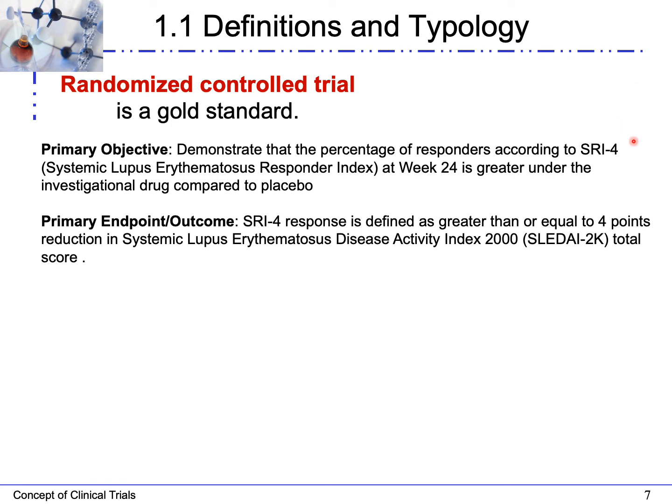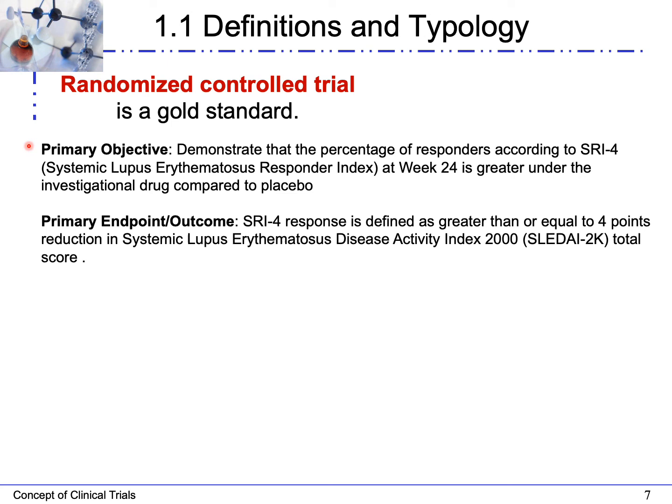So in this experiment, we would like to demonstrate that the percentage of responders according to the SRI-4, the SLE Responder Index, at week 24 is greater under the investigational drug compared to placebo.